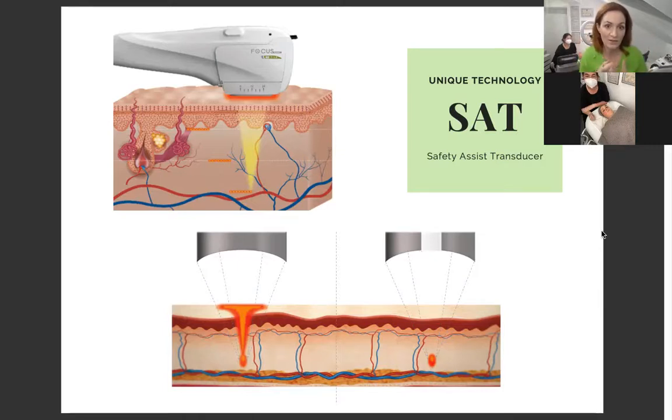Now, a lot of our clients can see that lift almost straight away, especially around the jowl area. But this works over about 8 weeks for you to really see the benefits. I've had it around my eyes and I'm absolutely blown away. I'm so happy with how much more lifted my eyelids are, how much smoother I am underneath my eyes as well.